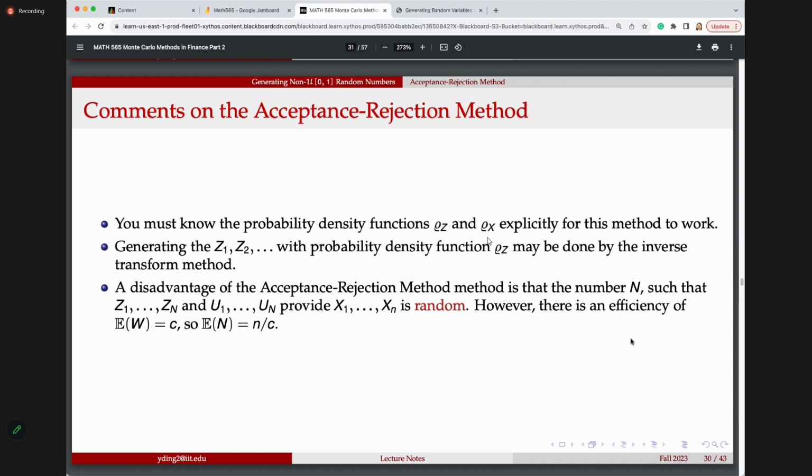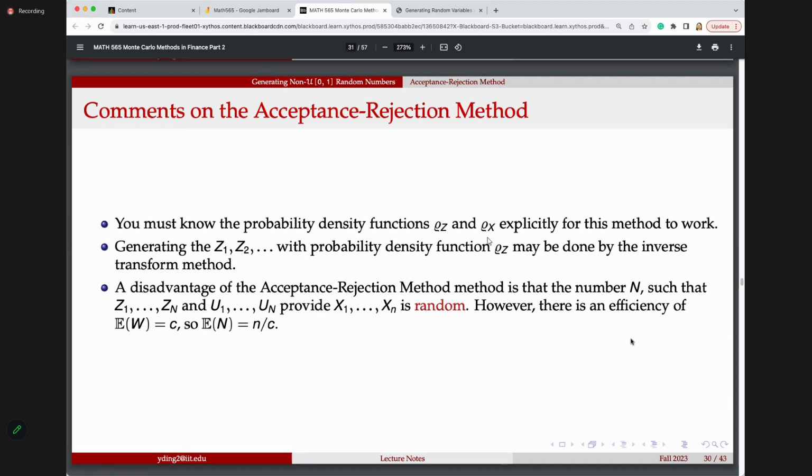The other is the one you use to generate this X. And the interesting part of this rho Z is that you don't need to have it directly, but you can get it by the inverse transformation method and use that to generate your rho Z.